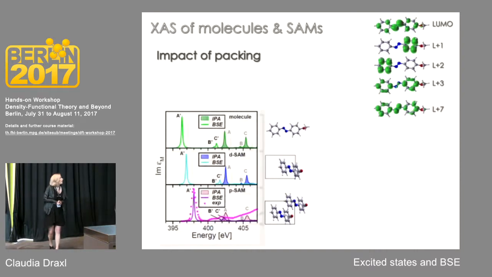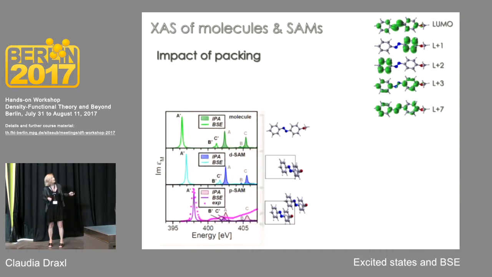What we did here first, we computed the optical spectra for three different scenarios. One is the molecule in the gas phase with vacuum around. The other is the packed SAM, like experimentalists have grown them.